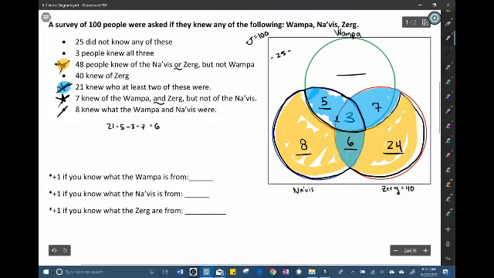So we're just going to do some reverse thinking here. 100 minus all the pieces. 100 minus 25, minus 5, minus 3, minus 7, minus 6, minus 8, minus 24. Bada bing, bada boom. 22 are the Wampa fans.